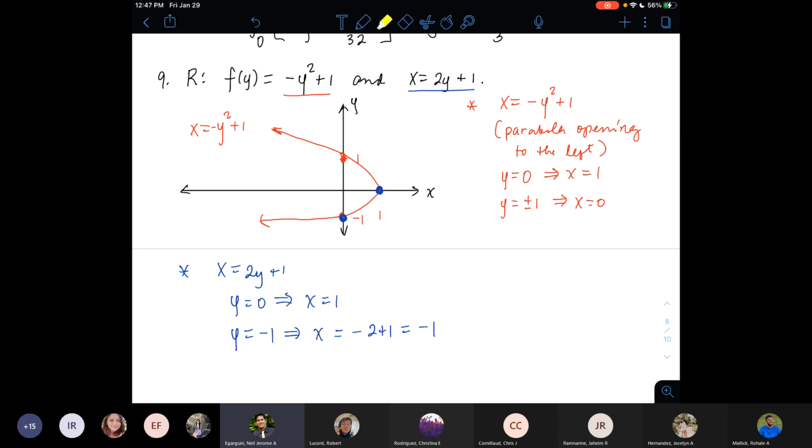Sorry, I thought it would be a point of intersection, but it won't be. So y is -1, x is -1, it will be here. Not necessarily a point of intersection, and it isn't really a point of intersection.